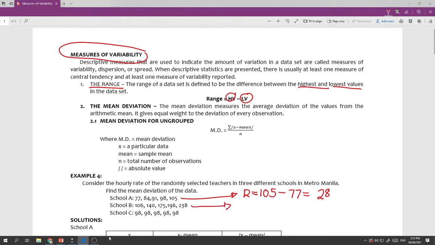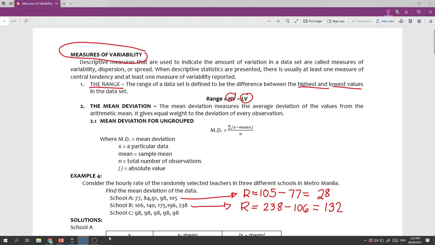School B, what is the highest value there? 238. What about the lowest value? 106. Now, what is 238 minus 106? 132.